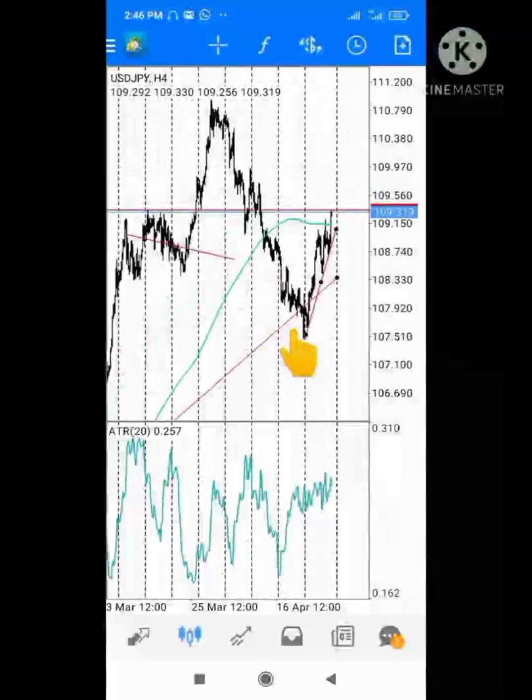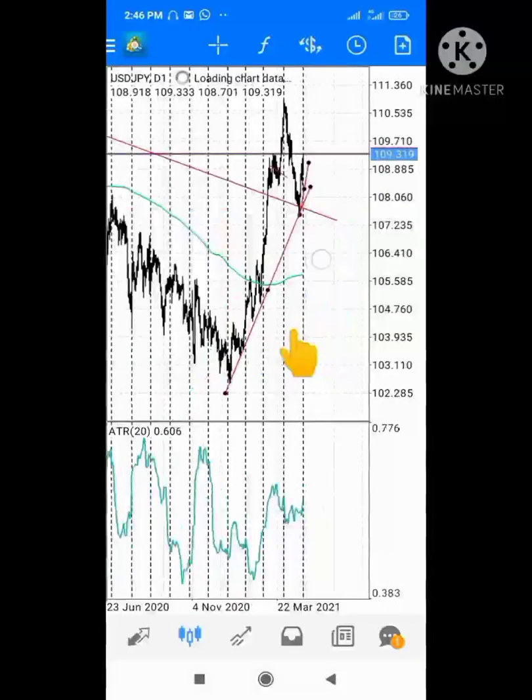Remember what I said, as you switch to higher time frame, you identify the direction of the market. Remember, I told you when I was analyzing gold that gold works in opposite direction, the trend in opposite direction with USD JPY. So since I'm expecting, in gold case, I'm expecting it to come down, then in this one, as this market pulls back to this level, that's gold that I showed you earlier.